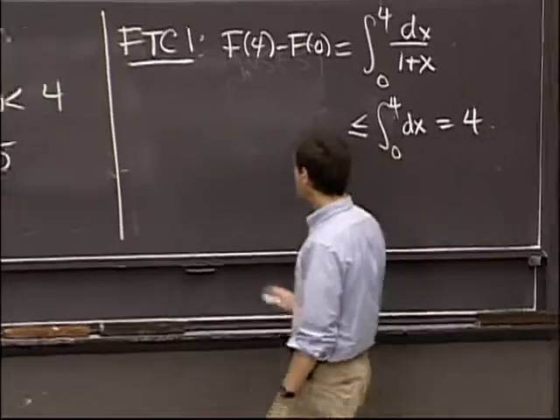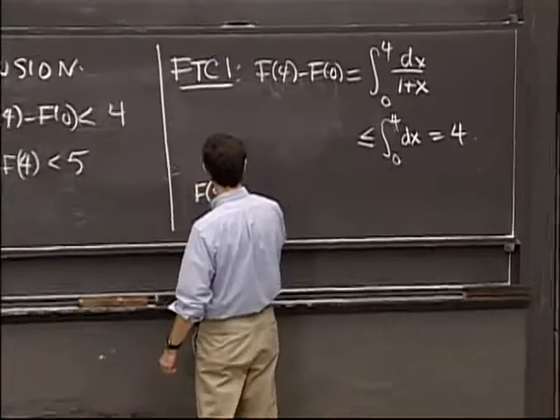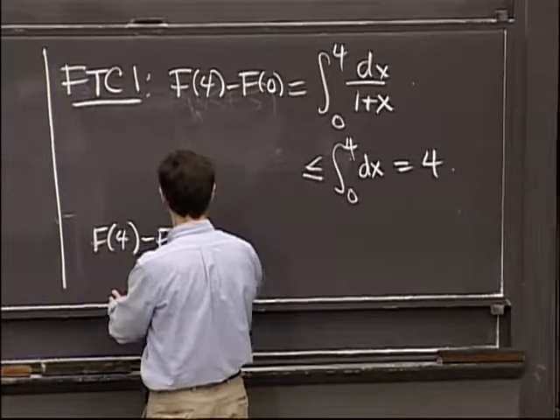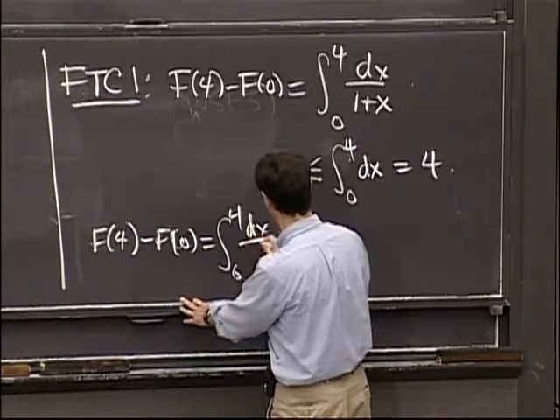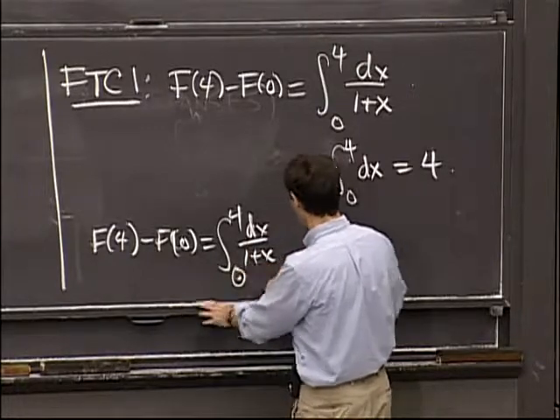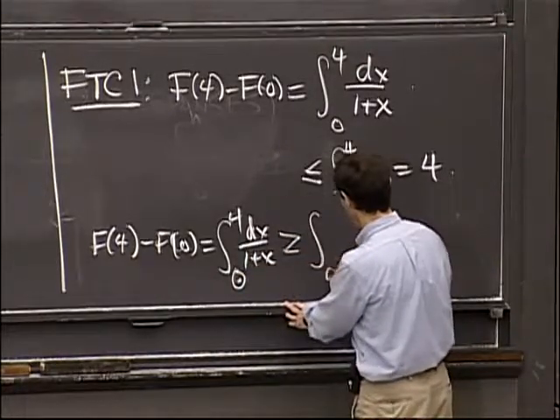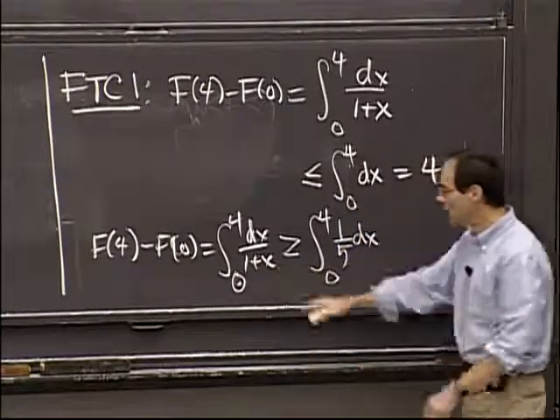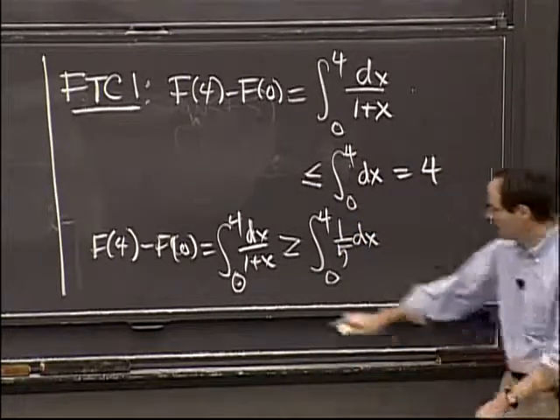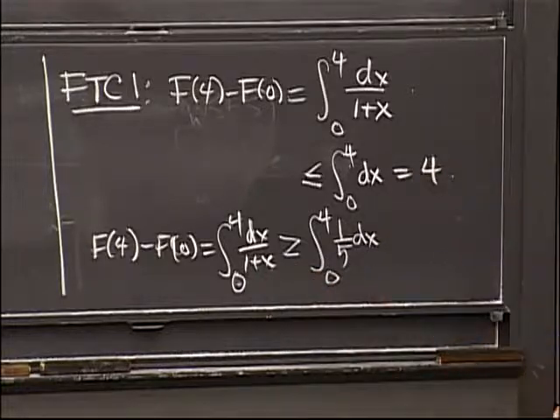All right? On the other hand, the smallest it ever gets to be, it's equal to this. The smallest it ever gets to be is the integral from 0 to 4 of 1/5 dx, because that's the lowest value that the integrand takes. When x is equal to 4, it's 1/5.